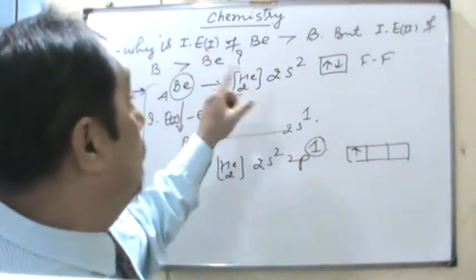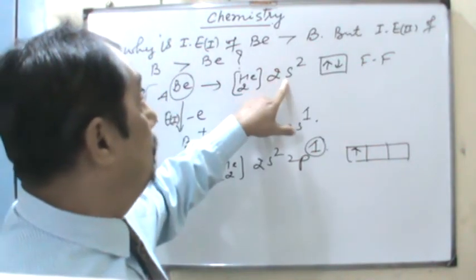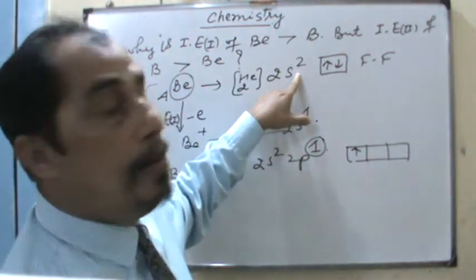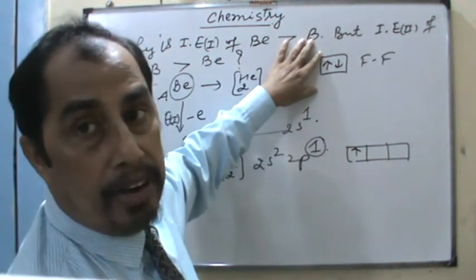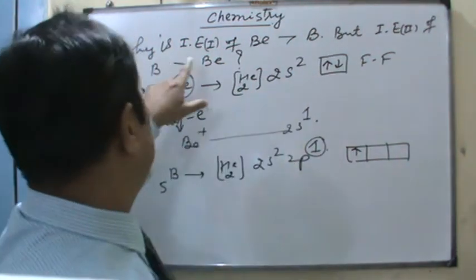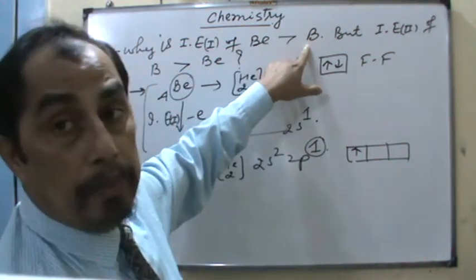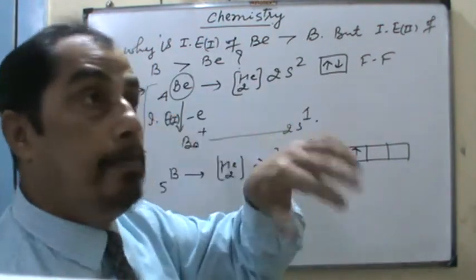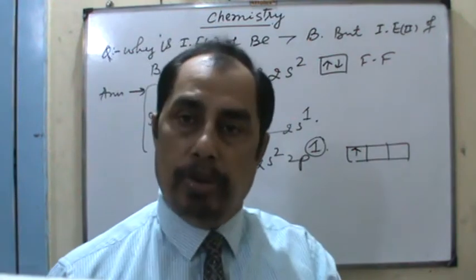But in beryllium, the valence shell has 2 electrons, a fully filled orbital. Therefore, it is difficult to lose the electron, although the size of beryllium is greater than boron. So the first ionization energy of beryllium is greater than that of boron.